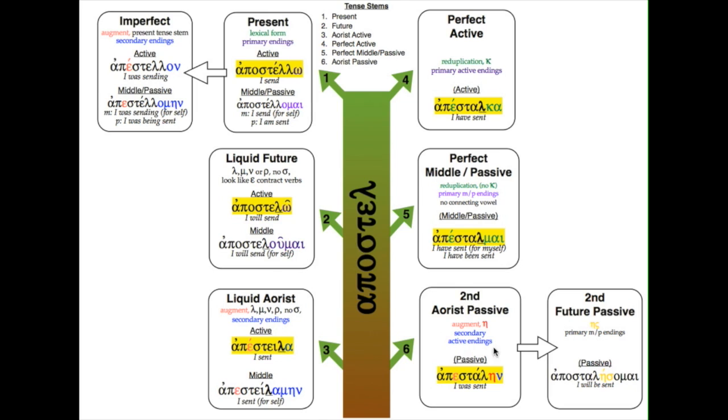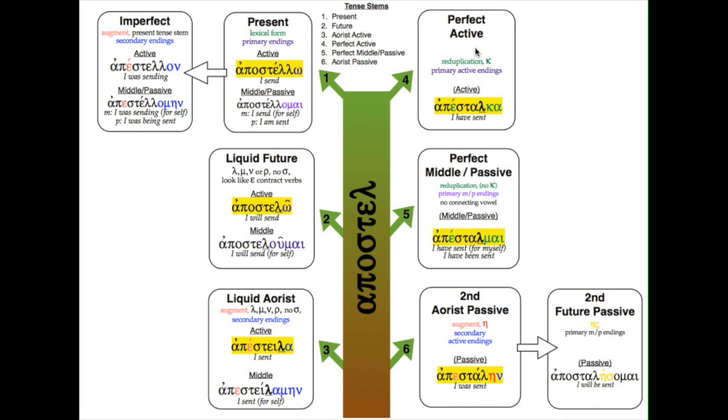The second aorist passive, we have the augment, apestalen. Now, this is a second aorist passive. Why? Because there's no theta here. Anytime an aorist drops the theta and only uses an eta, that's called a second aorist. It only happens on rare occasions. It's not a big deal. In general, second forms on the right side of the tree here just involve dropping a letter.